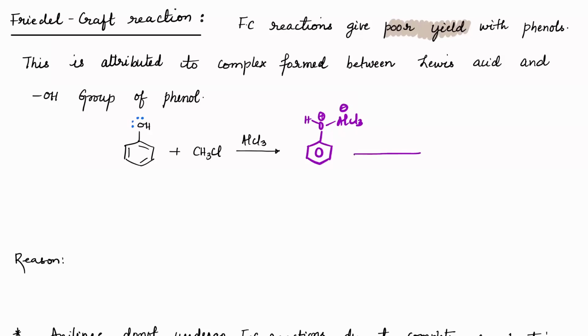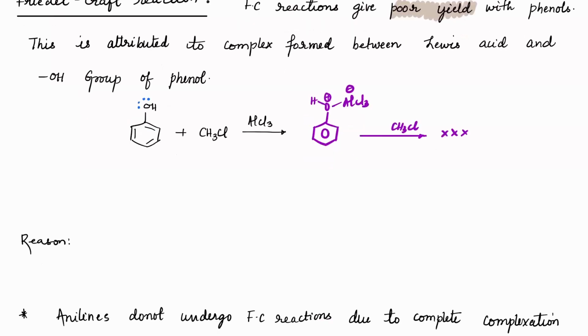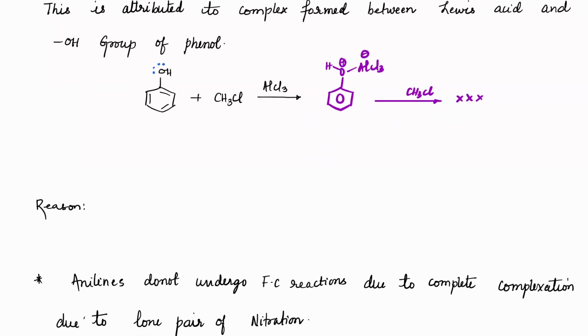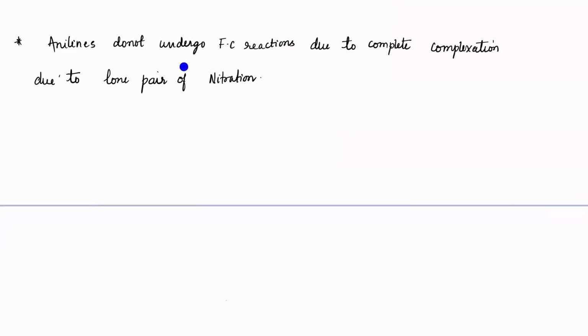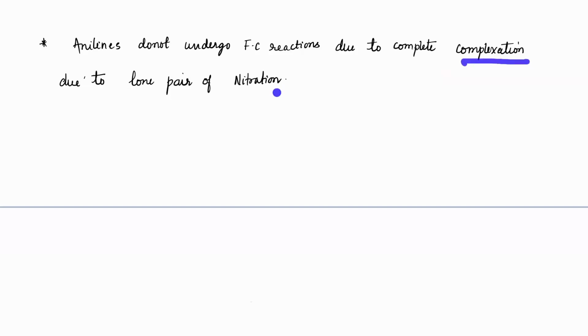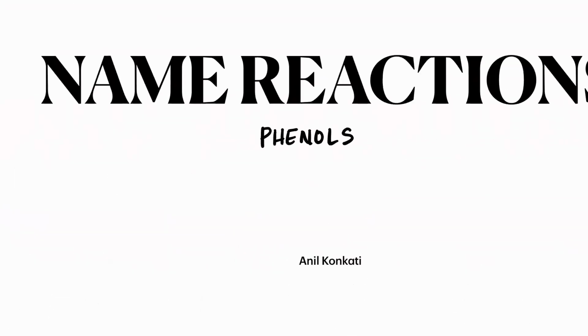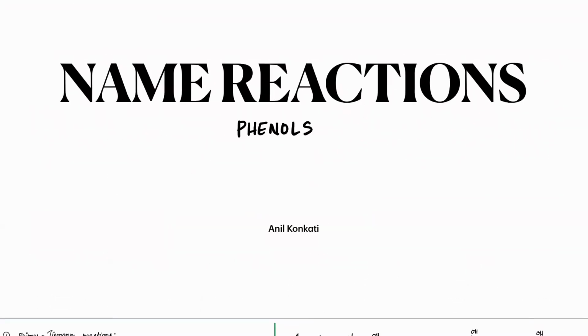So therefore, further reacting with CH3Cl, because it is now withdrawing, you'll hardly see any Friedel-Crafts reactions. Next, anilines will completely shut down for Friedel-Crafts reactions, and this is again due to complexation of the lone pairs of nitrogen. Correct.